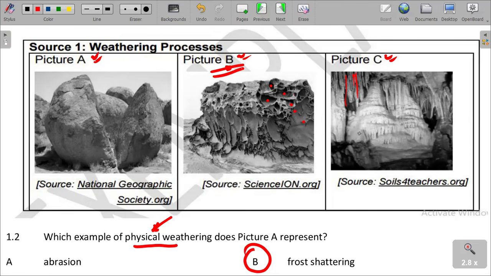So what you are seeing here is that this can be called carbonation, which we can see in this case.